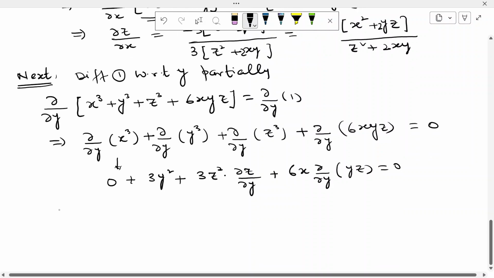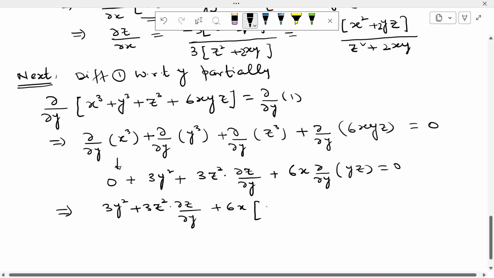So from here you will get 3y² + 3z² ∂z/∂y + 6x, and again we have to use the product rule here as we did in the previous part.